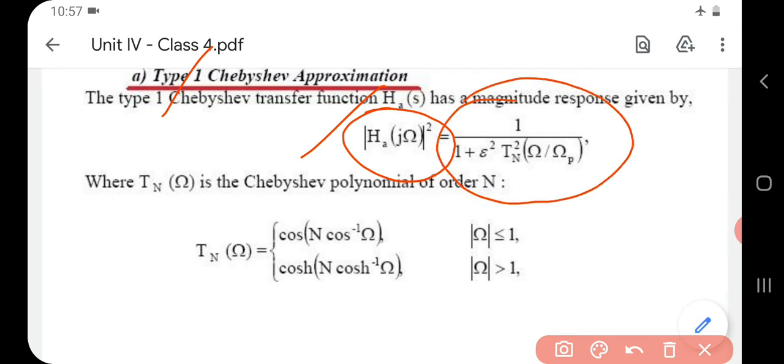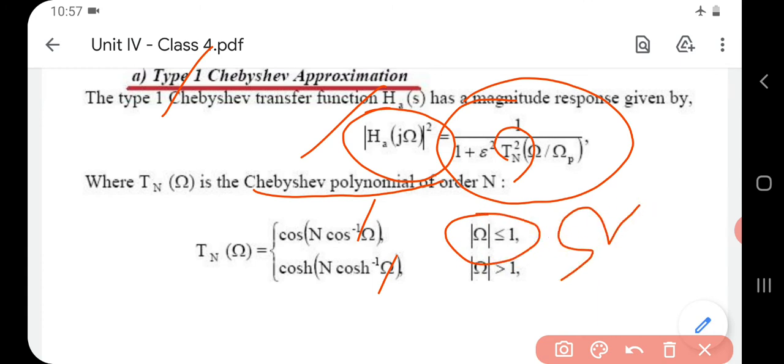Here there are a few terms. Tn is called Chebyshev polynomial, and it can have these two values depending upon the value of omega, where omega is called as the frequency. Okay, the omega p is called as pass band edge frequency. So when you see omega p, p stands for pass band edge frequency.